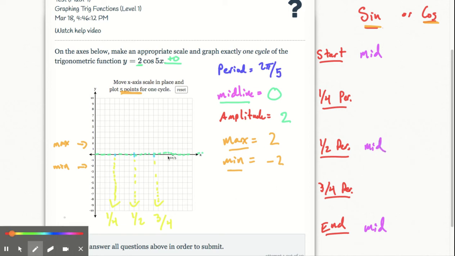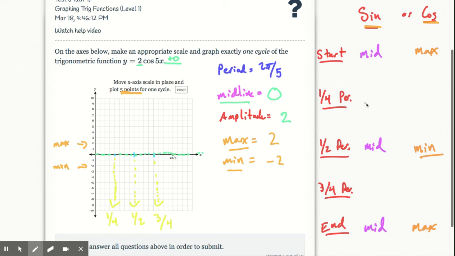On the other hand, cosine is going to start at the maximum, or if it's flipped upside down, it will start at the minimum, right? Cosine is going to end at the maximum, or whatever extreme it started at. And halfway through its function, it will be at the opposite of that, right? So if it starts at the maximum and ends at the maximum, that means that halfway through, it will be at its minimum value.